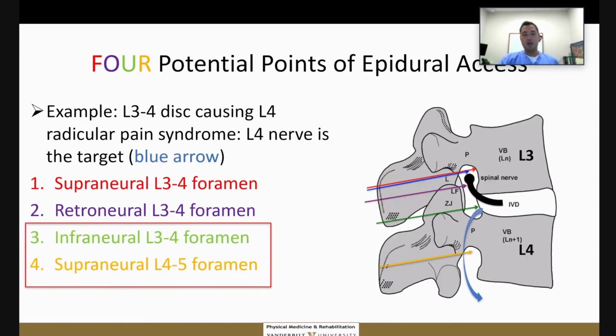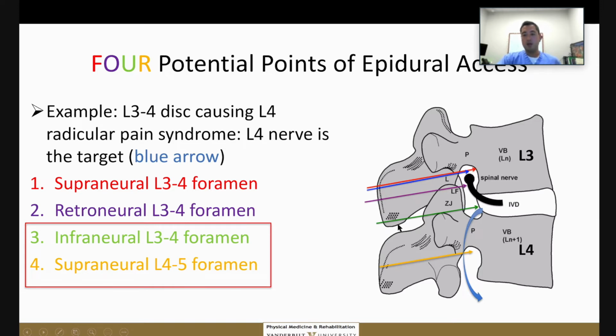So when you're doing an epidural steroid injection, for example, a transforaminal approach, you have to realize there's lots of different ways where you can put the medicine. In terms of a medical student perspective, I'm really just showing this as saying, look, not every injection is the same. So if you have, for example, a disc herniation between L3 and L4, and it's getting this blue nerve where it's the traversing nerve root, you can realize you can put the needle in many different locations.